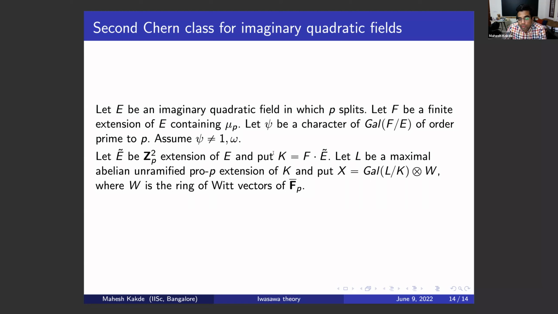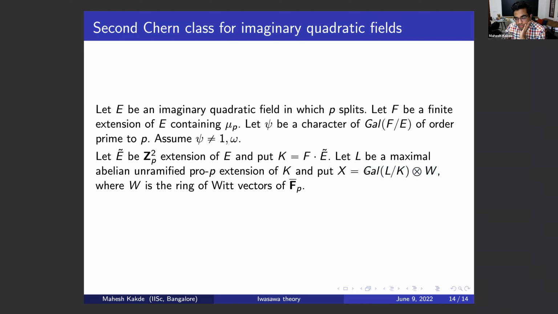Now over this K, I take the maximal abelian unramified pro-p extension of K. This extension is supposed to be pseudo-null by a conjecture of Greenberg. So Greenberg conjectured that the Galois group X is pseudo-null as a module over the two-dimensional Iwasawa algebra.